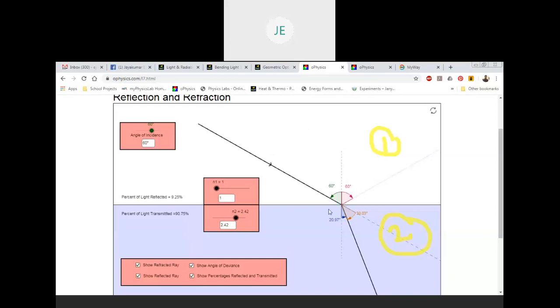Let me give some summary. Whenever light travels from one medium to another medium, bending takes place. And here is some terminology, as we learned in reflection. This is called the incident ray, reflected ray. Reflection will not be observed because it is not a reflecting surface, but it is just shown here.